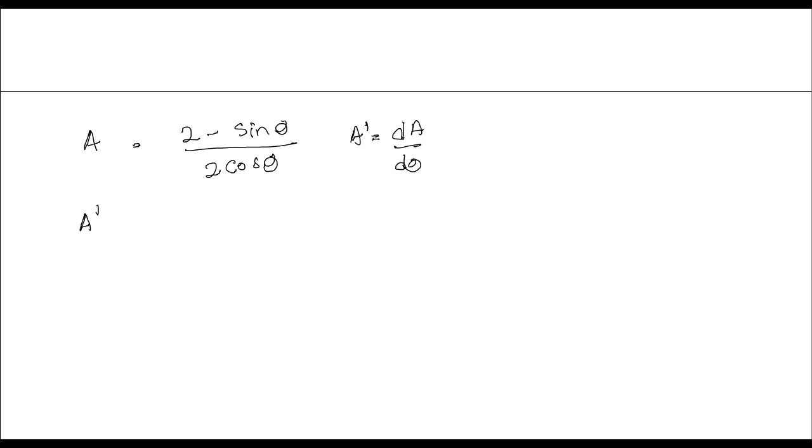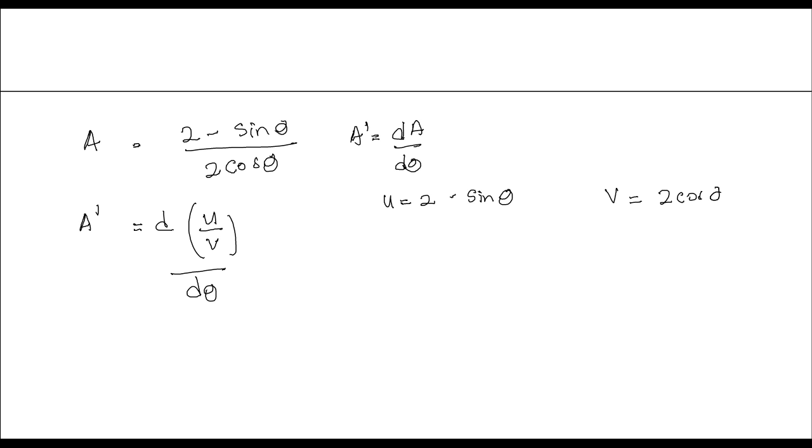So if I differentiate this, I let u be 2 minus sine theta and v be 2 cos theta. Actually, you don't have to have the 2 because that's a constant, you can leave it out of the equation, or maybe just leave it in. It doesn't matter.